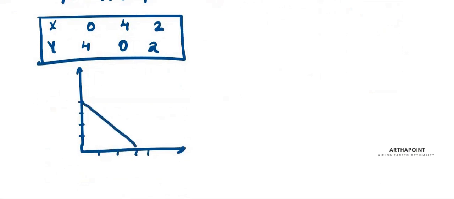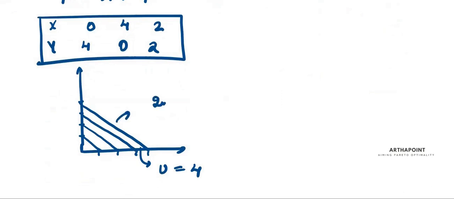This will be my indifference curve. This represents utility at 4. You can have different indifference curves. This represents utility of 3, this utility of 2, utility of 1, and so on. So these are my set of indifference curves, which we call the indifference map.